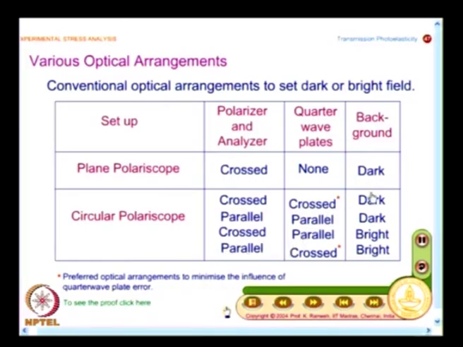So, I move from dark to bright field by simply modifying the analyzer position, and this is supposed to give the least error when the quarter wave plates are not perfectly matched with the light source, which in all likelihood is possible. So, a crossed quarter wave plate combination is what you should always look for arranging in a conventional circular polariscope.